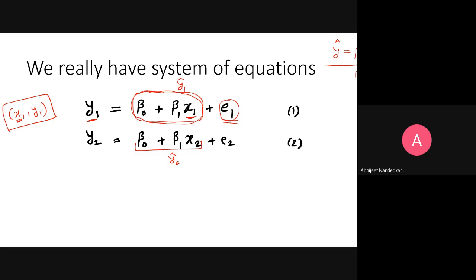This is y1 estimation and this is y2, and this is the error. This may be plus, this may be minus, but I have to adjust like this. Then if I keep on doing this, then this will be yn estimated.